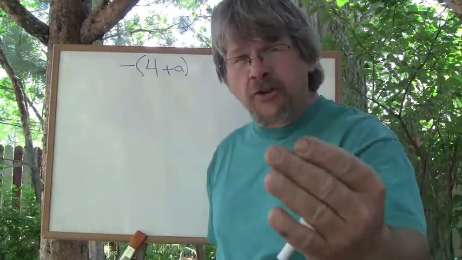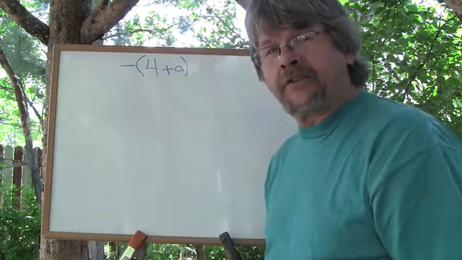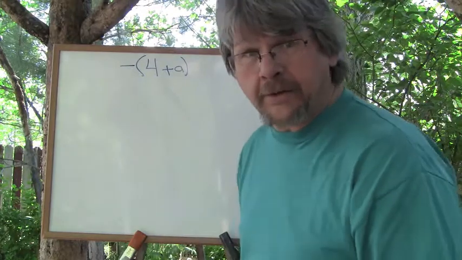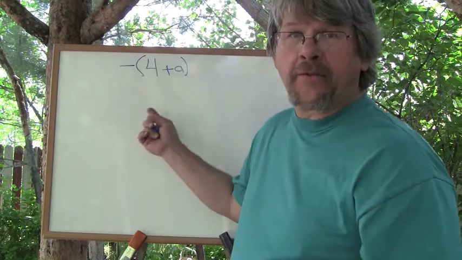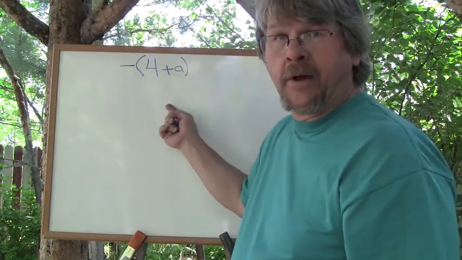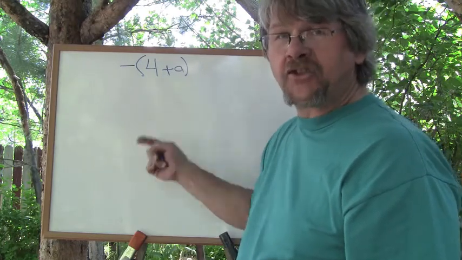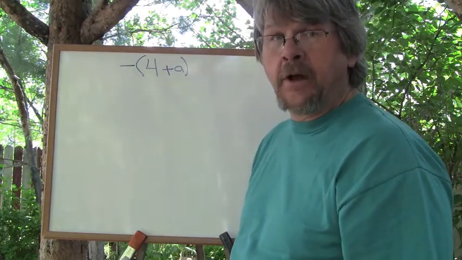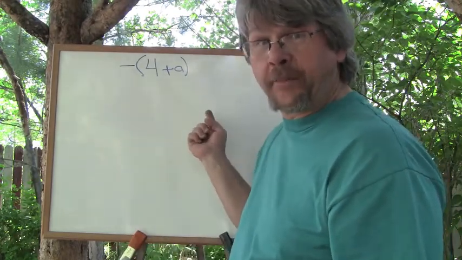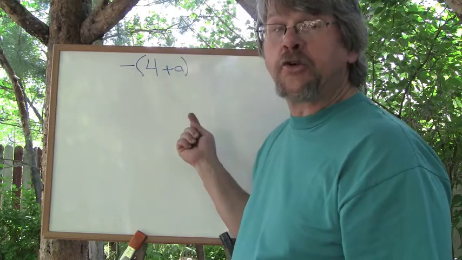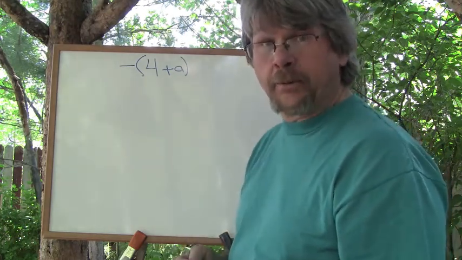Here's what I want you to drill in your mind of why this is dangerous. Because it's critical that whenever you have a simple negative in front of a grouping symbol like this, the negative has to be distributed into each term in that parenthesis. The process of distributing that negative into the parenthesis is going to change the signs of everything in that group.